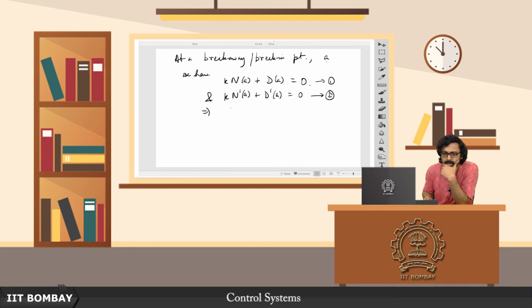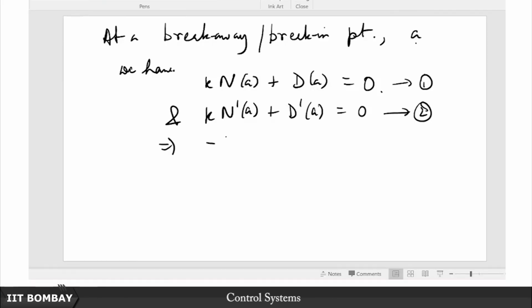Therefore, K from the first equation can be written as minus D(a) upon N(a), of course assuming that this a is not also a root of the numerator, so not also an open loop zero.